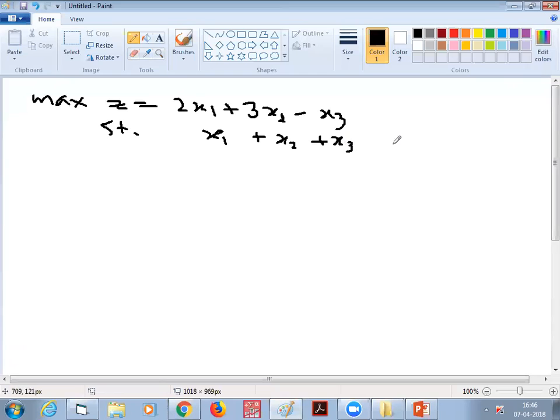Let's have x1 plus x2 plus x3 less than or equal to 100. And suppose x1 plus 2x2 minus x3 is greater than or equal to 60.